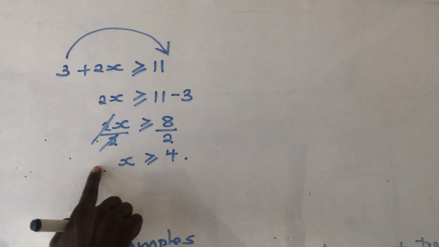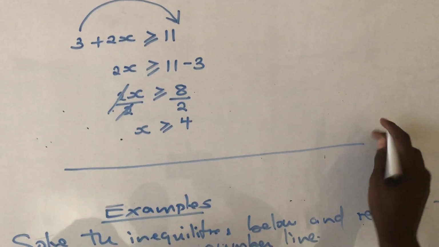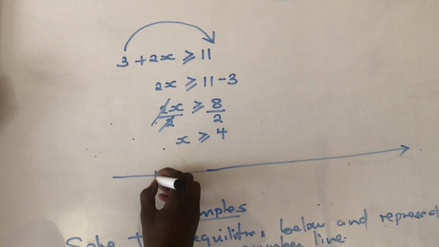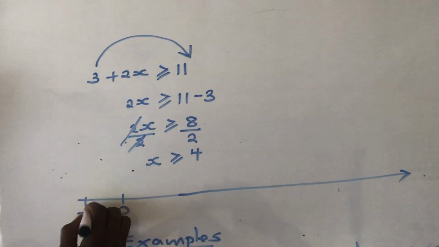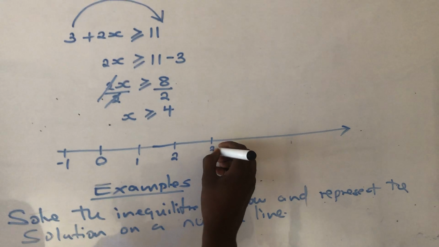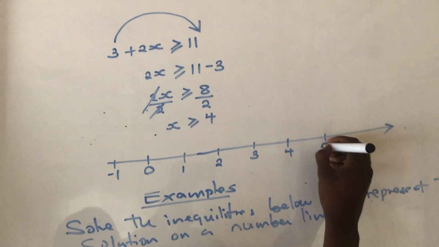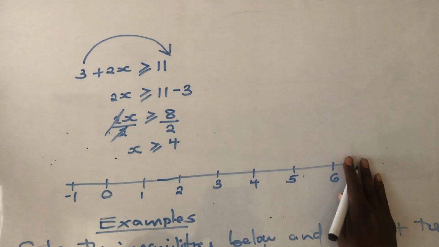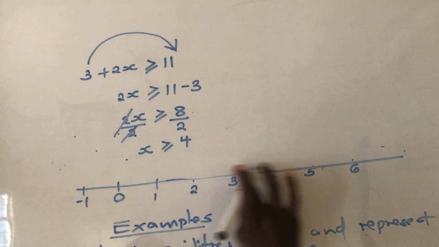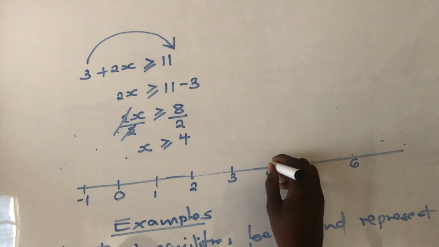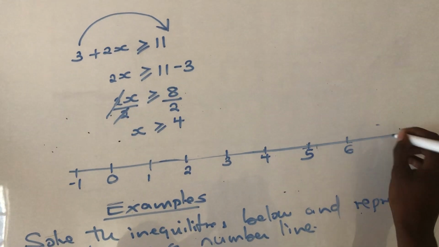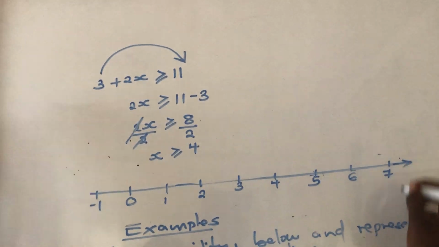So how will you represent this solution in a number line? I will come up with my number line with 0. We can put -1, though not necessary. 1, 2, 3, 4, 5, 6, and finally, 7.